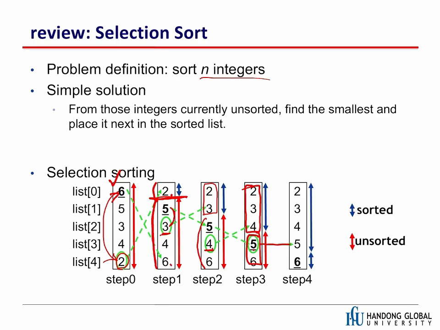So we swap, which basically means do nothing. And then we have a sorted list and an unsorted list. If the length of the unsorted list is 1, then we stop. We already sorted. Done. This is selection sort. This is quite naive and simple to understand.